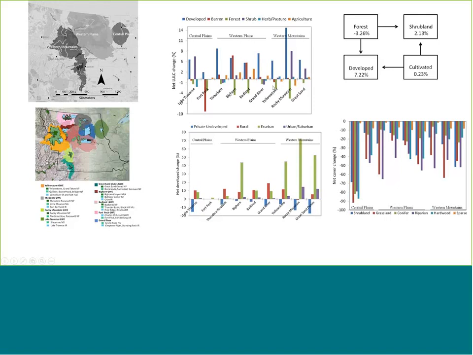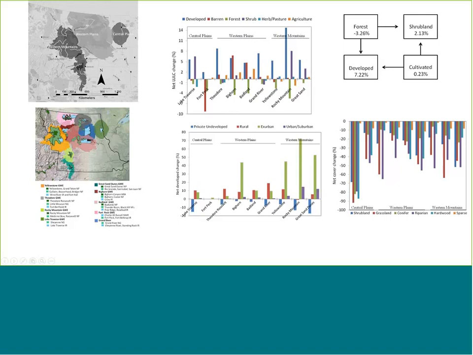The green is forest, and you can see that forest areas declined during this 10-year period in all of them. The blue is developed. This is the NLCD classification, and that in most places has been the most rapidly growing type. You'll notice as well that in the Western Plains, agriculture has been increasing.